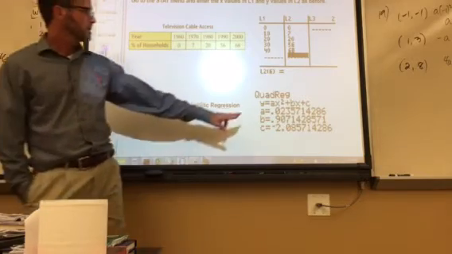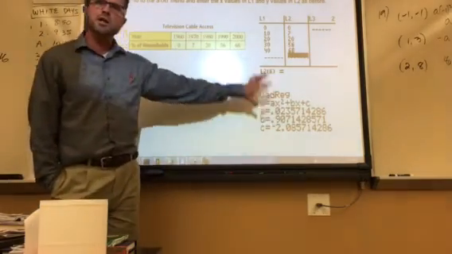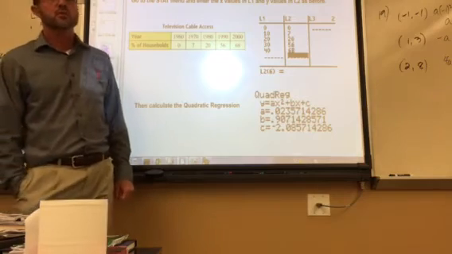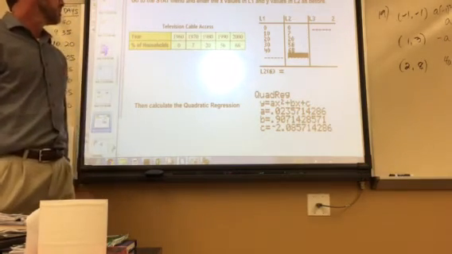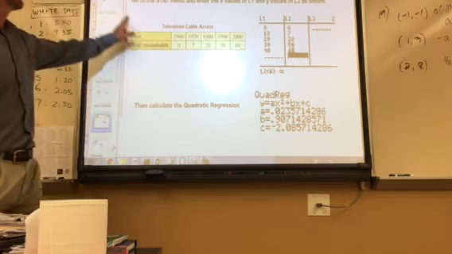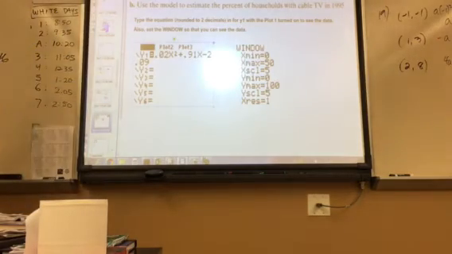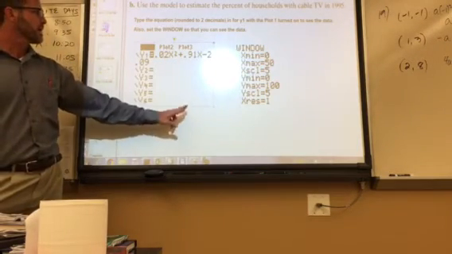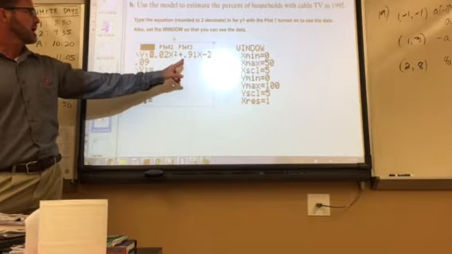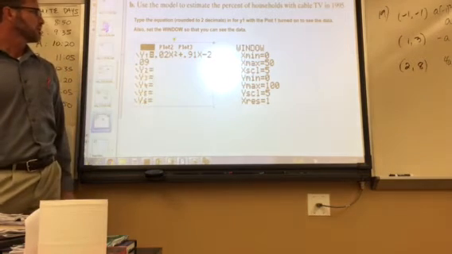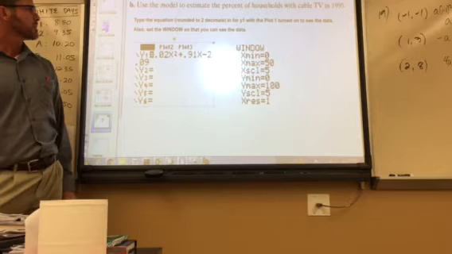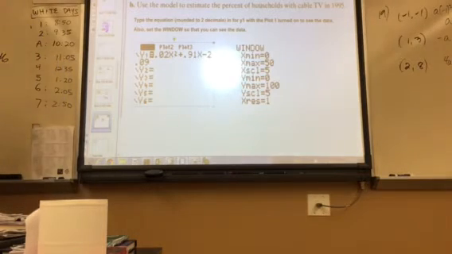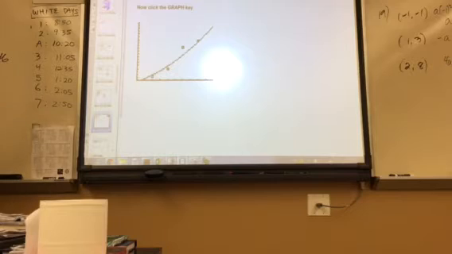And those can be either entered directly into y equals for a more exact answer, or you can type in the decimals like this yourself, type them in by hand. And with that window, you'll be able to see a good graph. Like this.